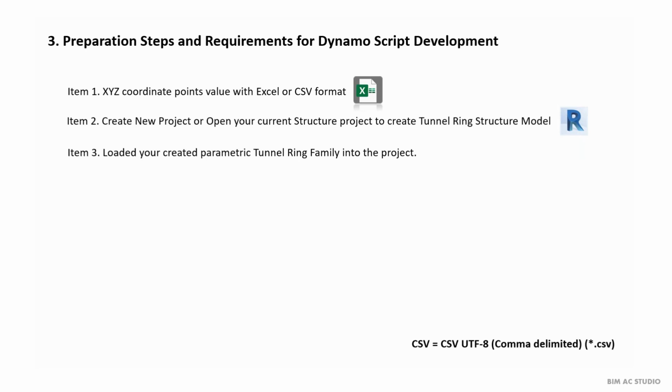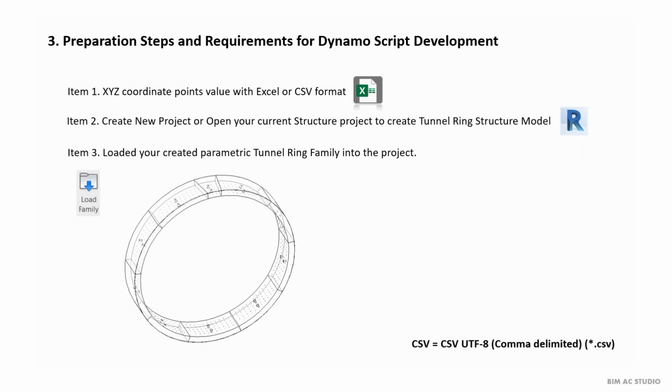Item number 2, you can create a new project or open your current structure project to create the tender ring structure model. Item number 3, after you have created the parametric tender ring family, you need to load that family into the project. On this slide, please kindly note the CSV is CSV UTF-8, comma delimited .csv format.